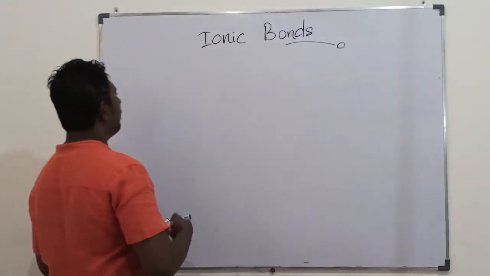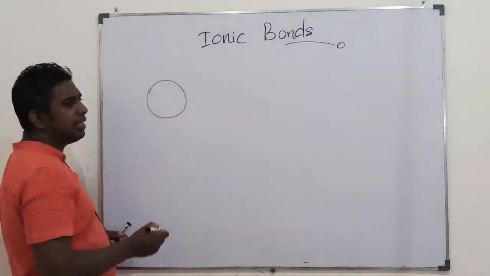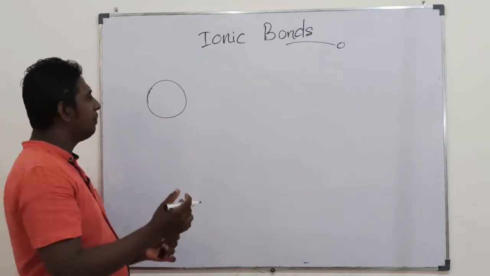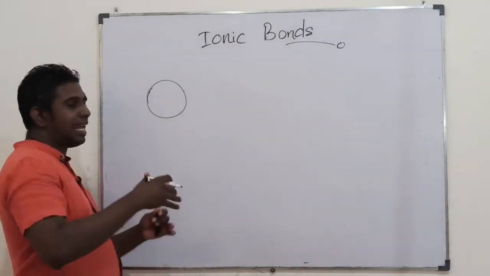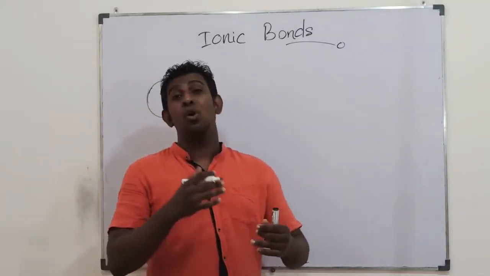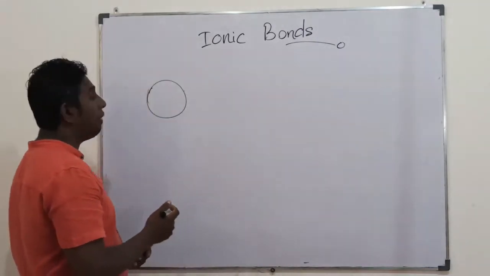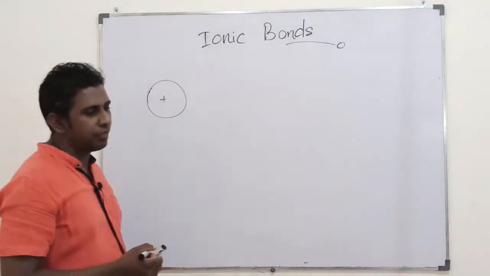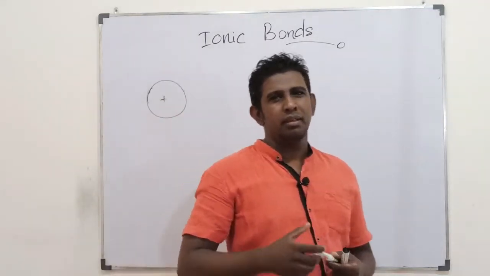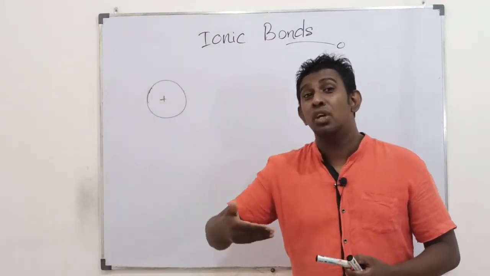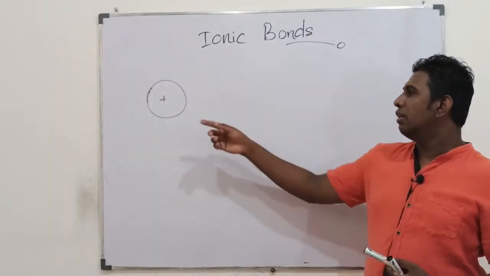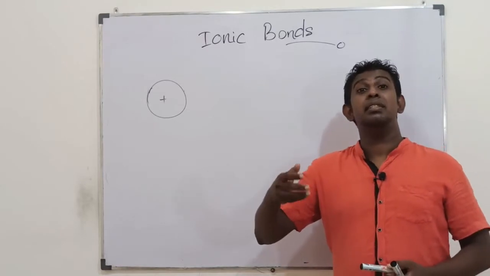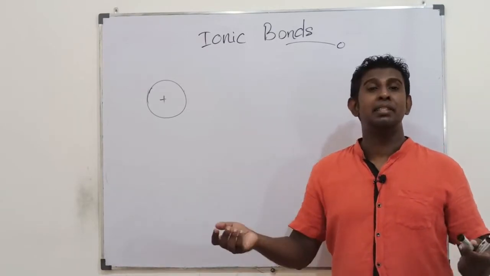Okay, let me show you briefly. This is a circle, a sphere, an atom. When it has lost one electron, or it is possible for it to lose a few electrons, it is positively charged. With respect to the number of electrons lost, it could be 1 plus, unipositive, when one electron is removed by an atom.